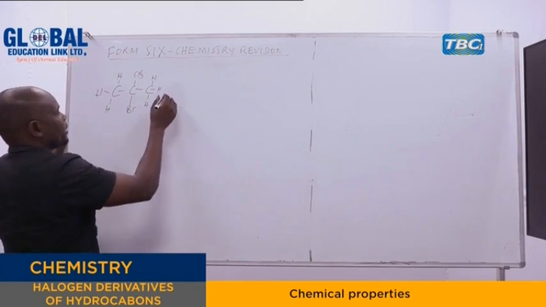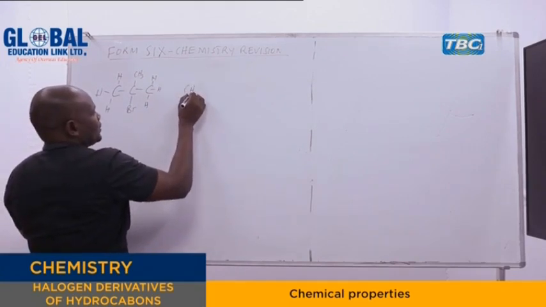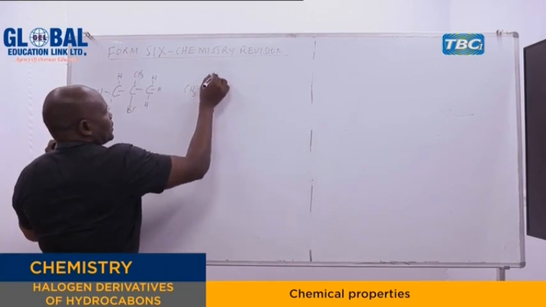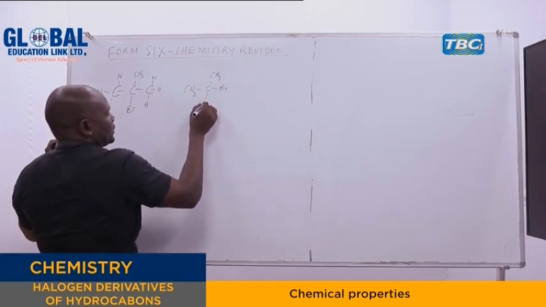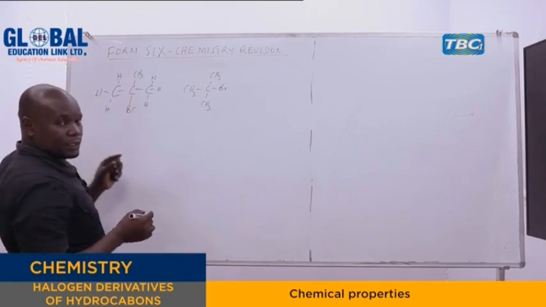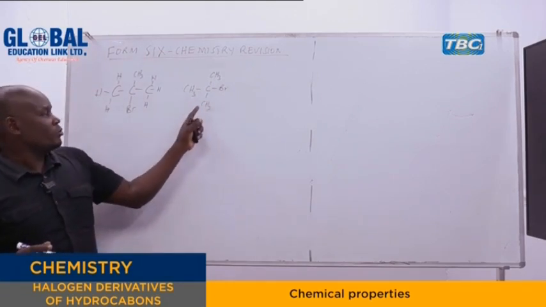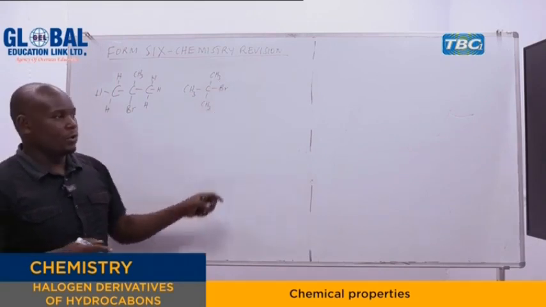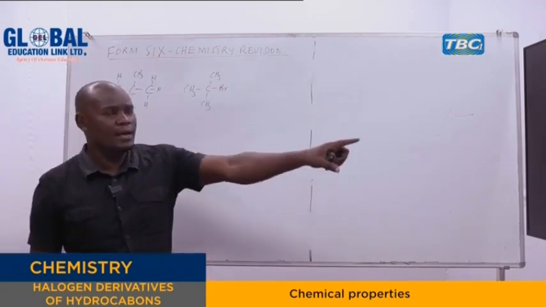Or in a simple way, you can write it as CH3, C, then bromine, CH3, CH3. So this is 2-bromo-2-methyl propane.